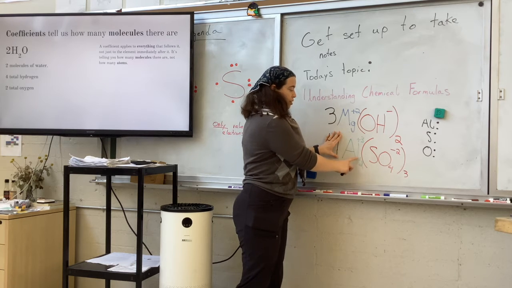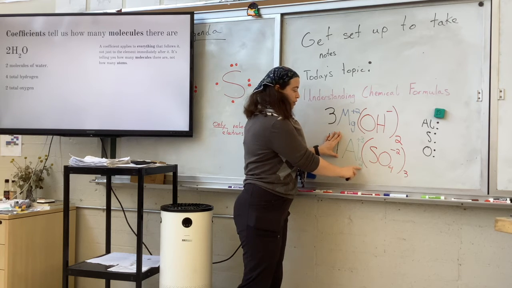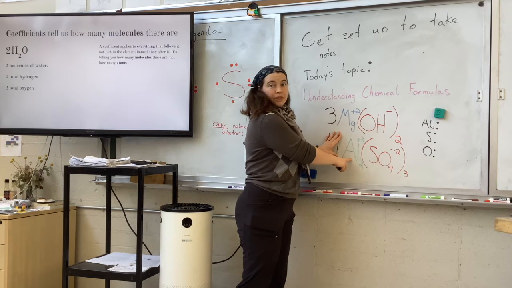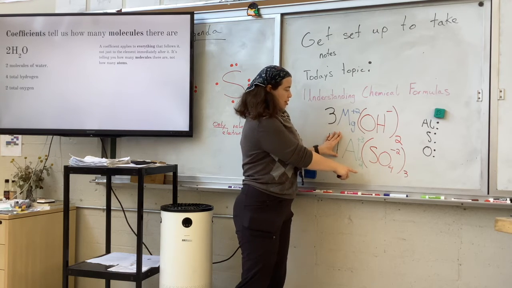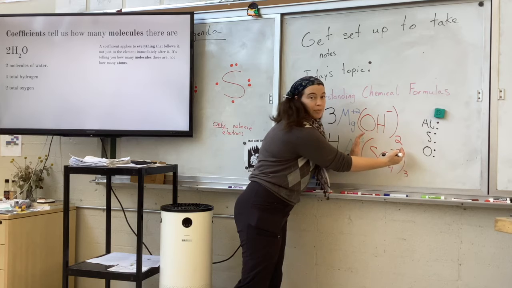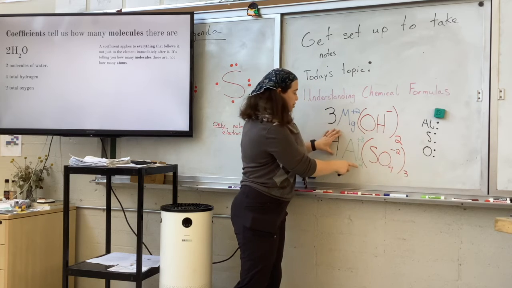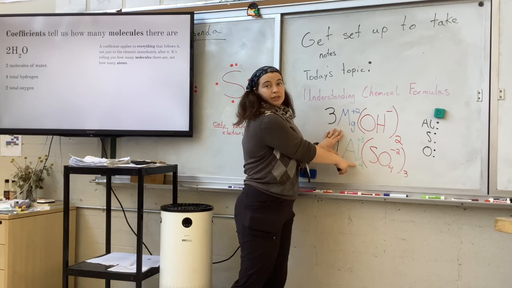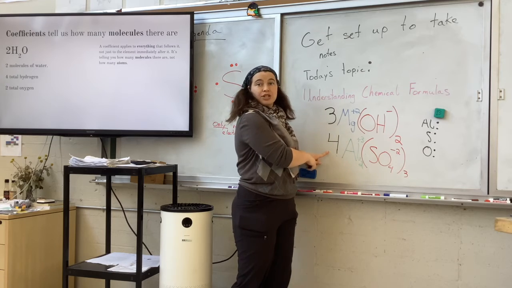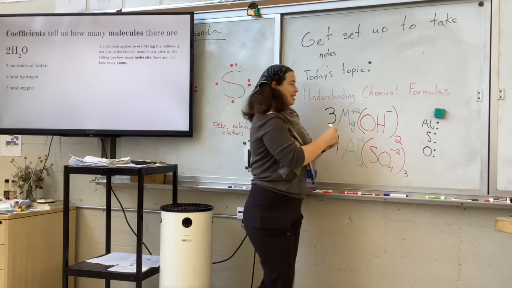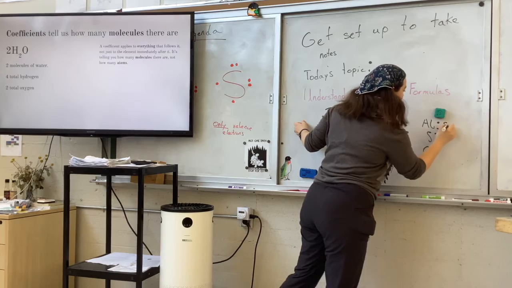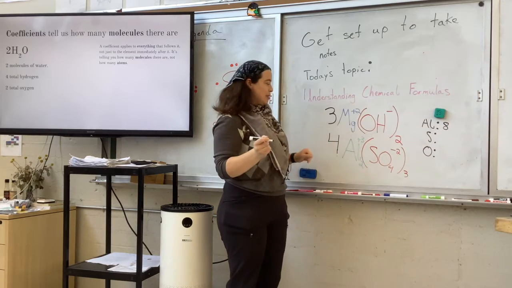So in every 1 molecule, we have 2 aluminums. Wait, so does the 3 not apply to the... The 3 applies to what's inside the parentheses, right? So how many aluminums in just 1 molecule? All right, but we've got 4 molecules, so a total of 8. Excellent. So we got 8 aluminums in 4 molecules of aluminum sulfate.